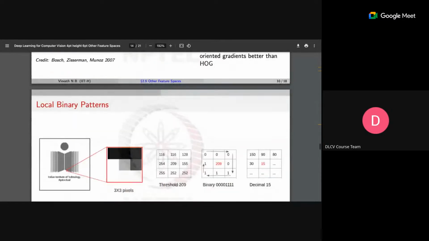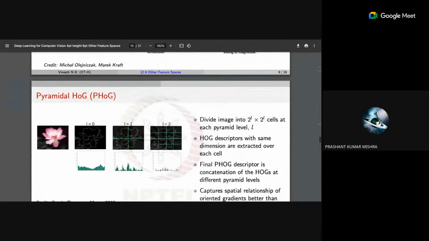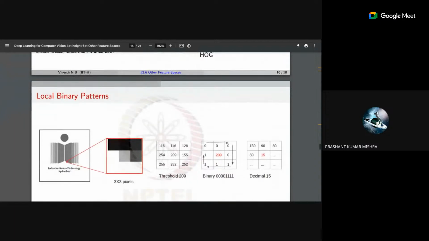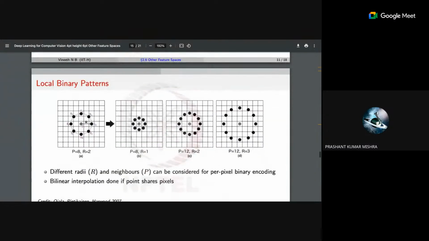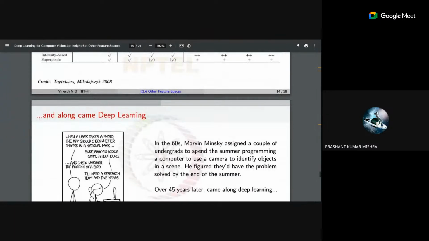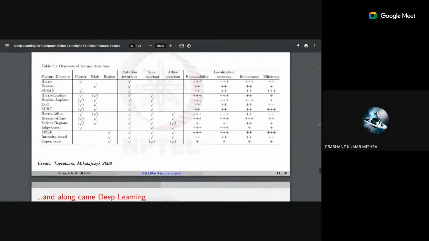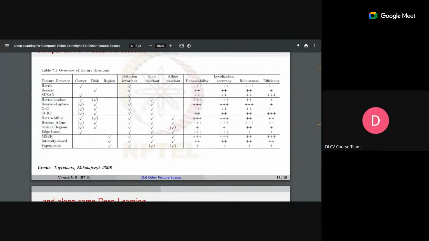Which slide are you saying? 14, sir. 14. Go below, sir. There was a chart for all the, yes, sir, this one. So it is region invariant, rotation invariant, scale invariant, and affine invariant. And the option says that it is only affine invariant, right?